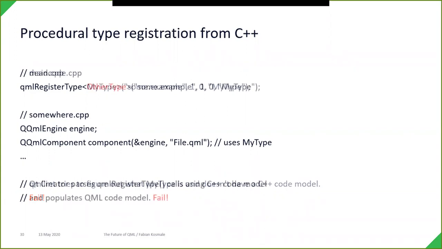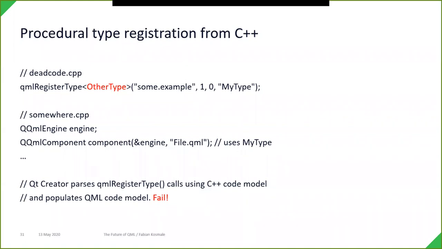Furthermore, even Qt Creator's code model is not perfect. If you have some conditional code paths that do not always register the type, you might get a false positive. So the code model thinks that the type is available even when it's not.